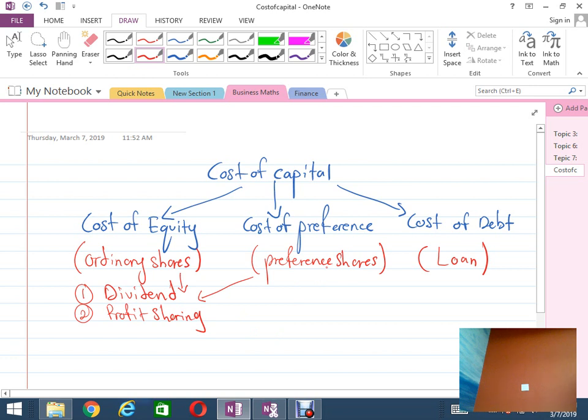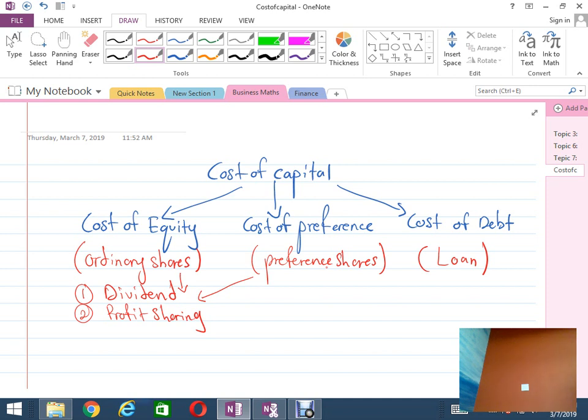Of course, you get the capital. When I sell to you, I get the money. But in return, I need to give you something, correct? That's called dividend and profit sharing. So when I give you something as a return, it is a cost for me, right? Because money is going out.